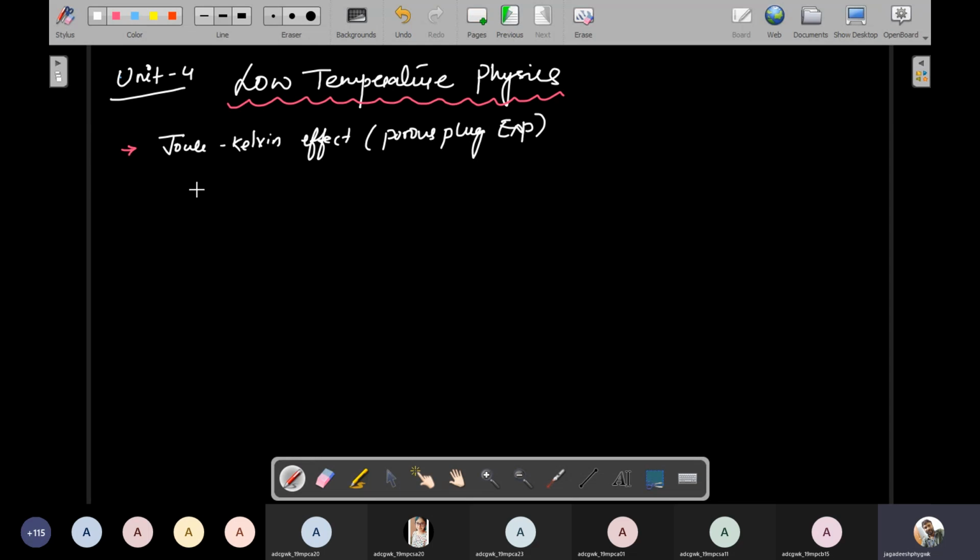The topic looks the same, because whatever assumptions we considered in the Joule-Kelvin effect, the same assumptions will be considered in this topic also.